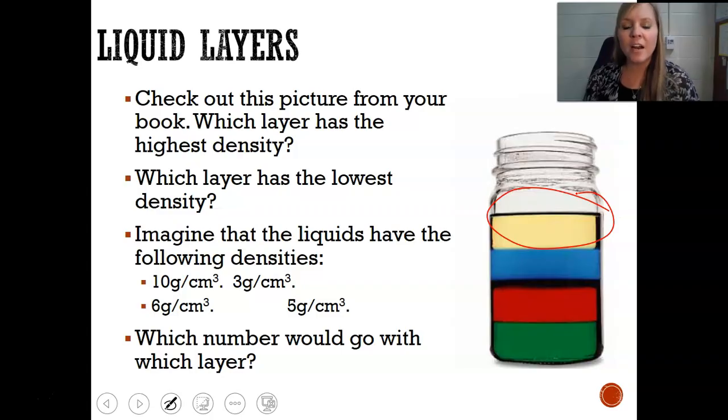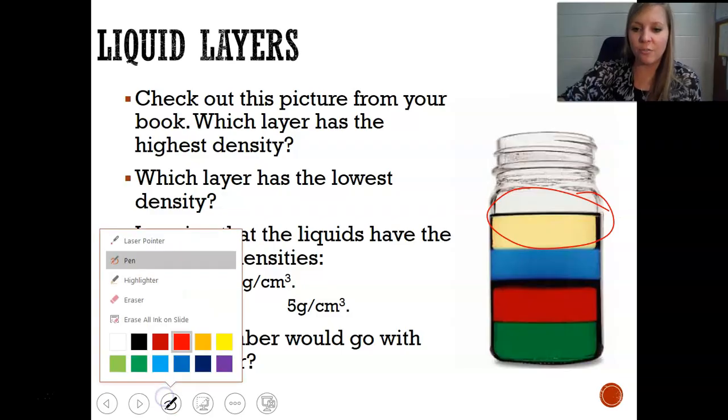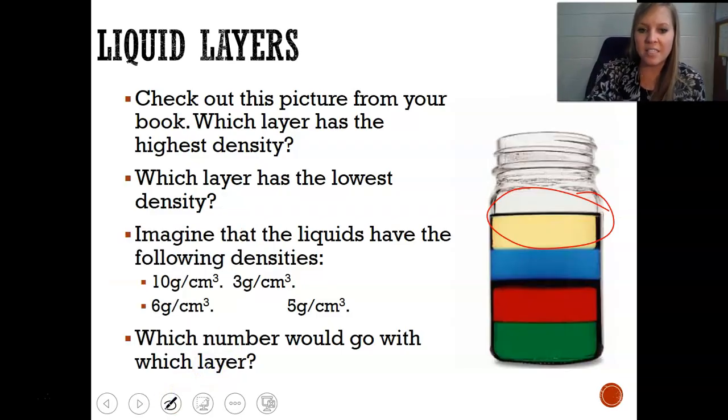Imagine we have liquids that have the following densities: 10, 6, 3, and 5. Which number would go with which layer? If we were gonna number these out, the greatest density is gonna go on the bottom, so 10 grams per centimeter cubed.